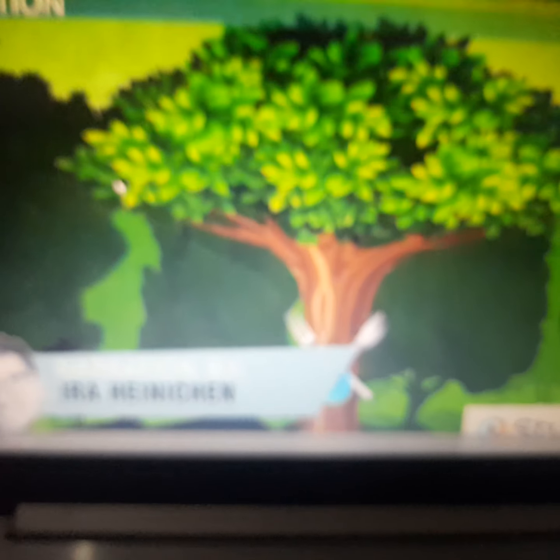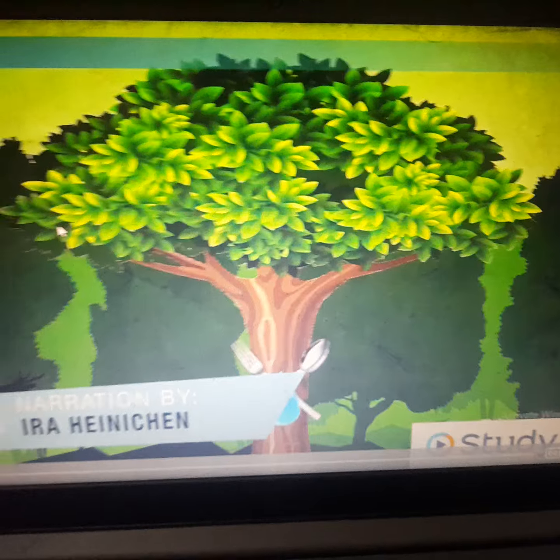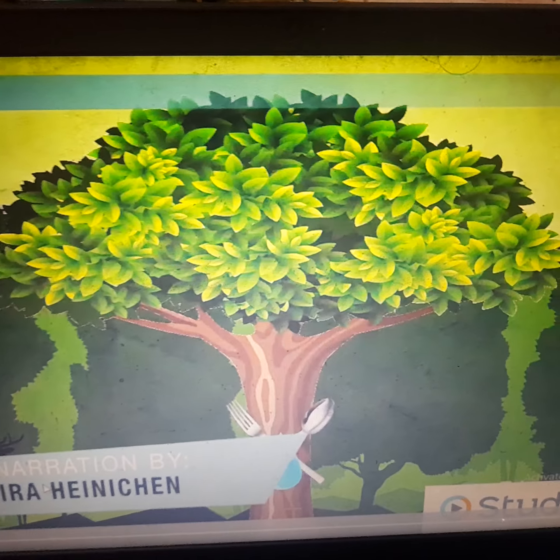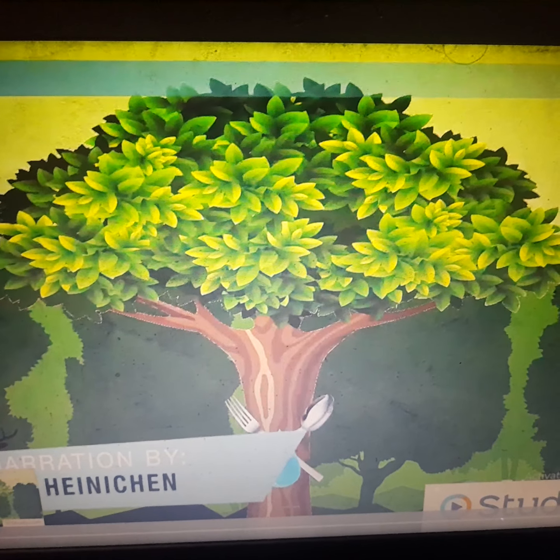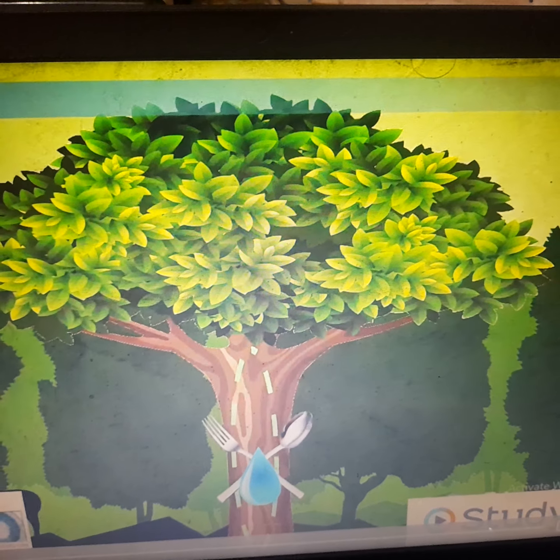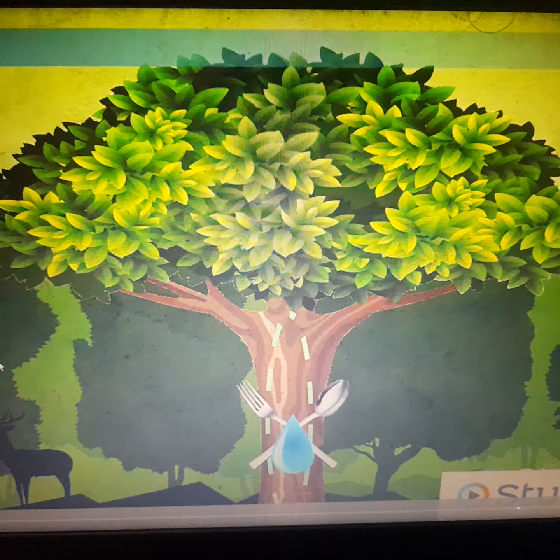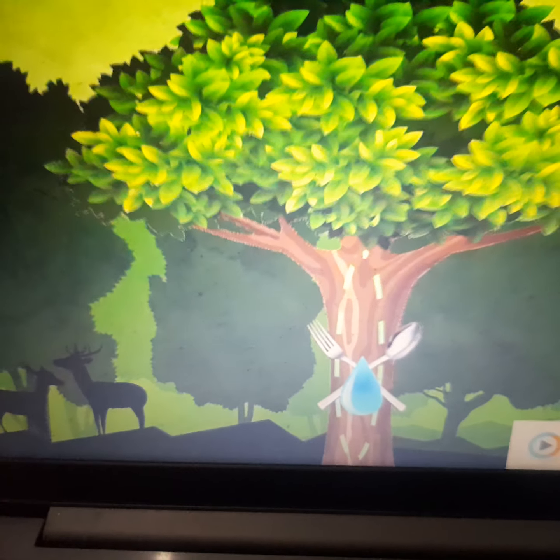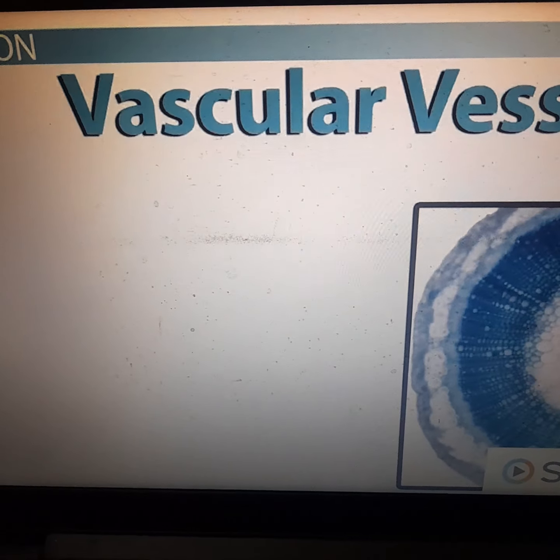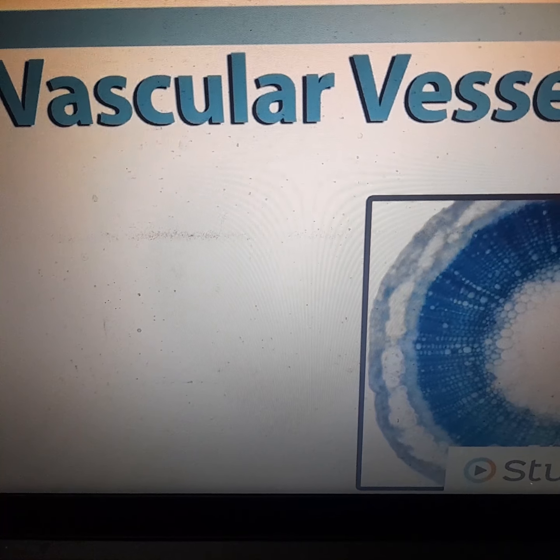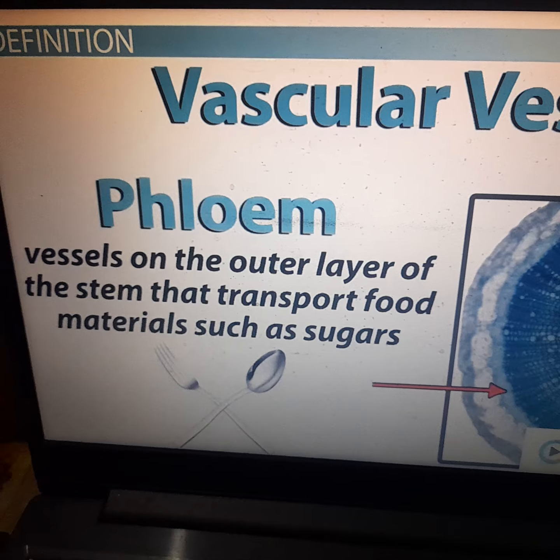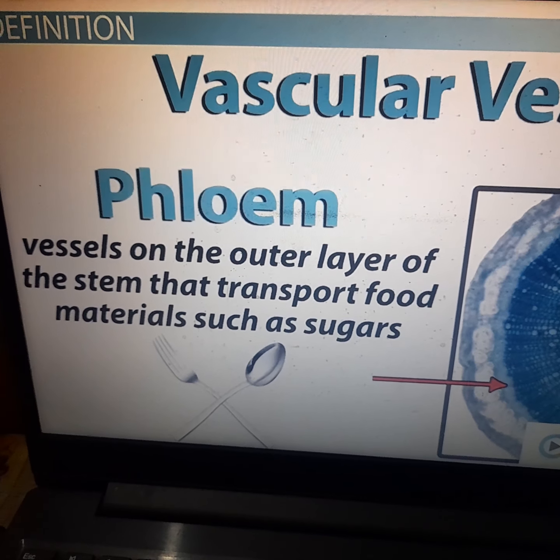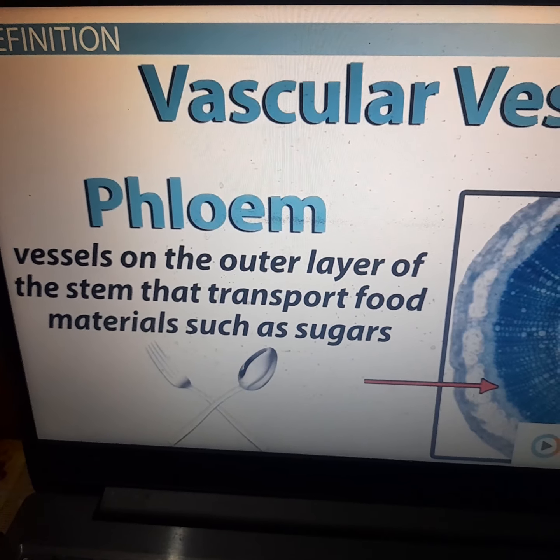So friends, here the vascular plant is mentioned, right? So I will give the description of the vascular plants, that what is it. We will see the definition of the vascular plants. So vascular plants are the plants which have vessels on the outer layer of the stem that transport food materials such as sugars.